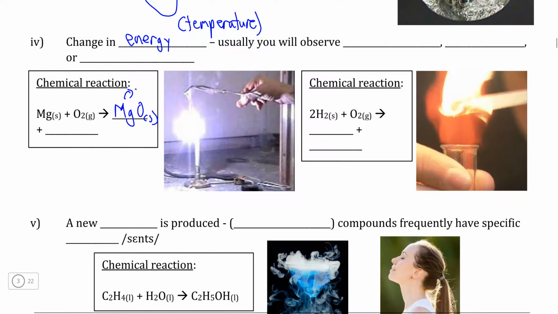And again, that's an example of a color change because magnesium is a silvery gray color, and oxygen is colorless because it's a gas, so the color change is one evidence that a chemical reaction has occurred, but also this brilliant white light is probably the most striking example that there is a major change in energy that is being observed.